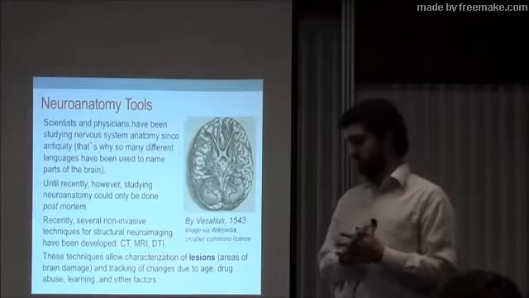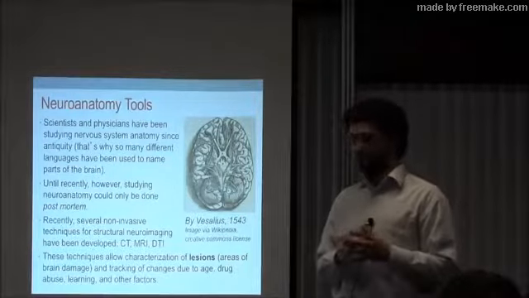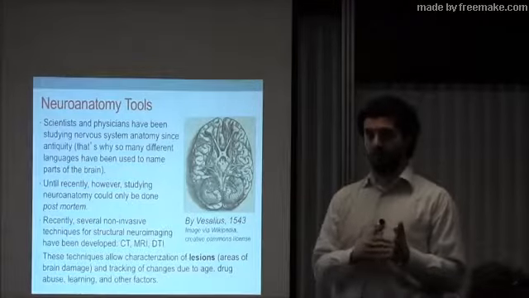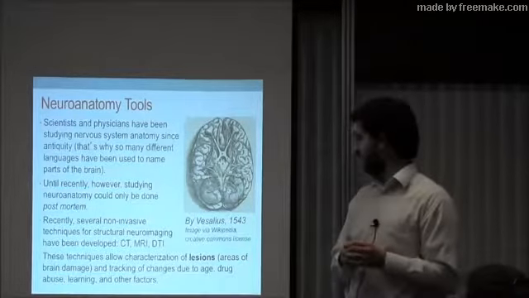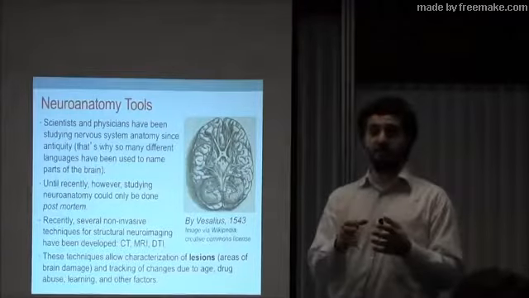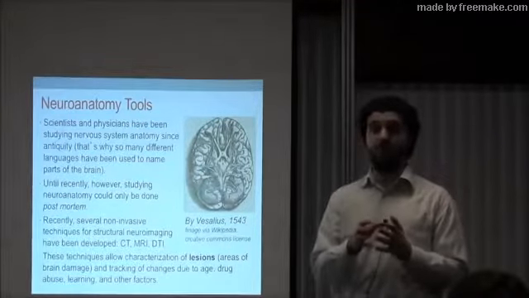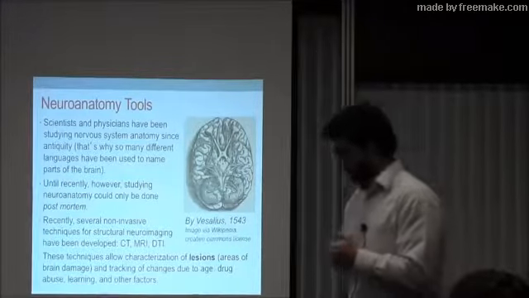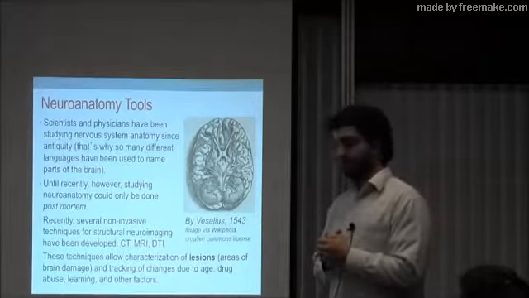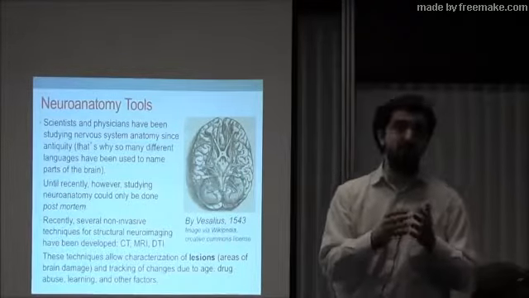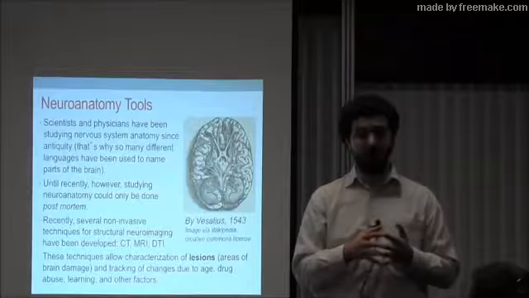Using these tools, they understood the basic structure of the brain and the major types of cells, and later we will understand how they use these techniques to understand the function of particular parts of the brain. Okay, so if you want to know what the constituents of the brain are, what would you do?